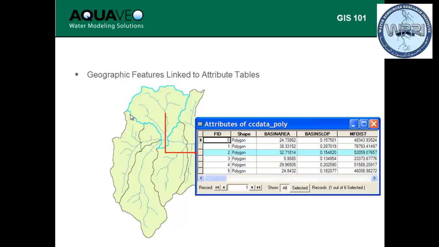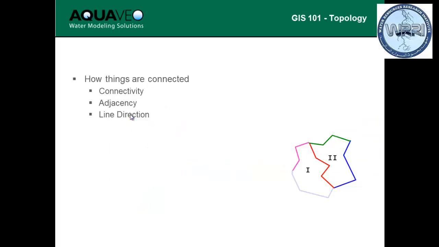But if you move it in the CAD system, the projection would be destroyed. So CAD doesn't really know about projections or different coordinate systems, and it also doesn't have the attributes. Those are the differences between CAD and GIS. GIS has attributes and has projections defined.